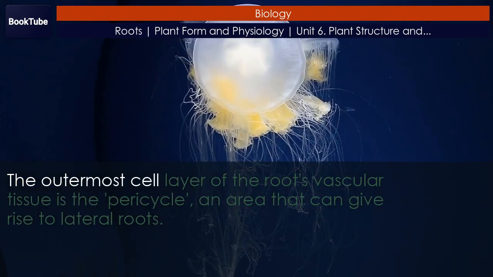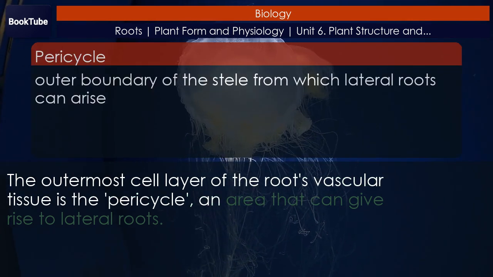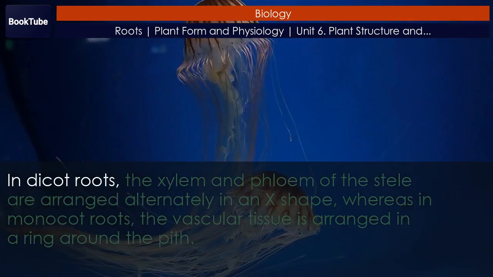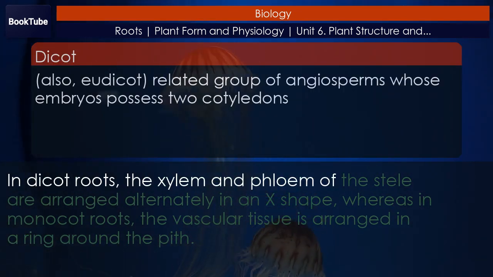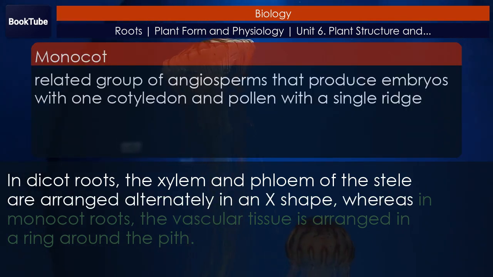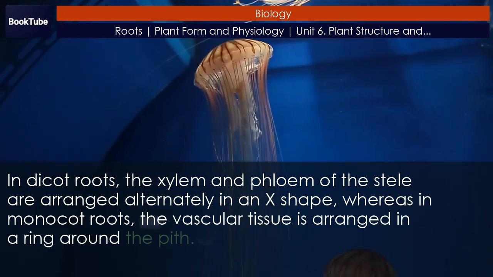The outermost cell layer of the root's vascular tissue is the pericycle, an area that can give rise to lateral roots. In dicot roots, the xylem and phloem of the stele are arranged alternately in an X shape, whereas in monocot roots, the vascular tissue is arranged in a ring around the pith.